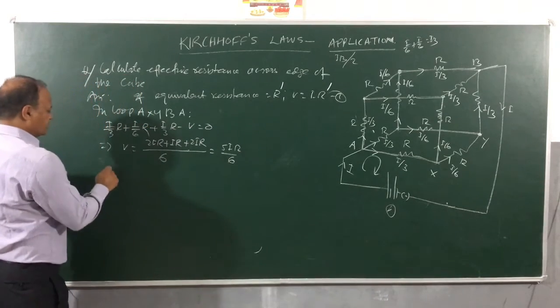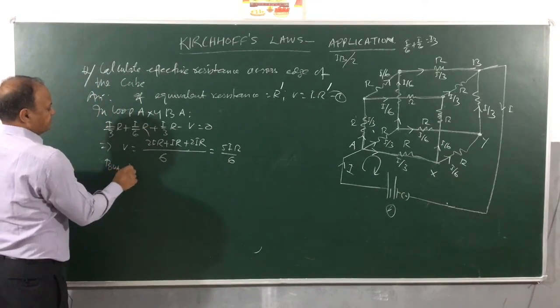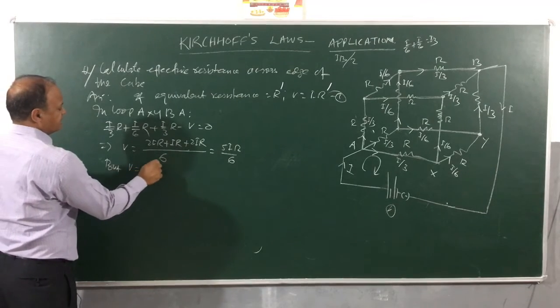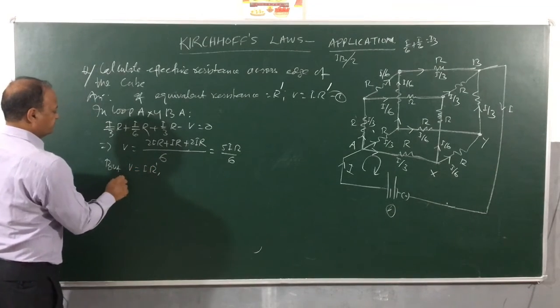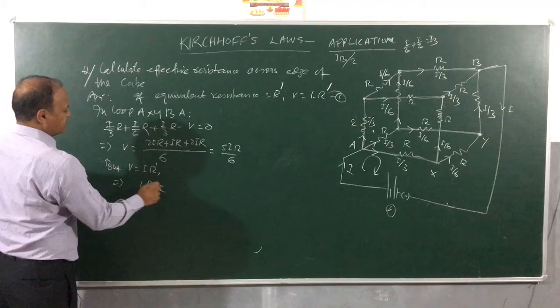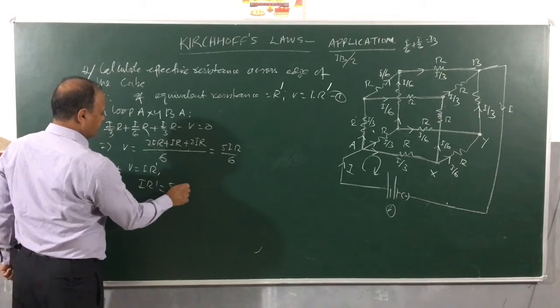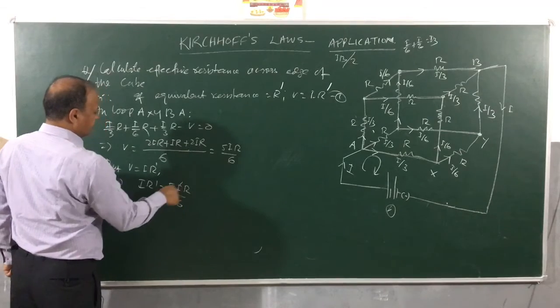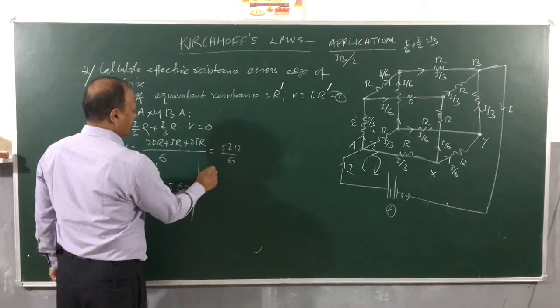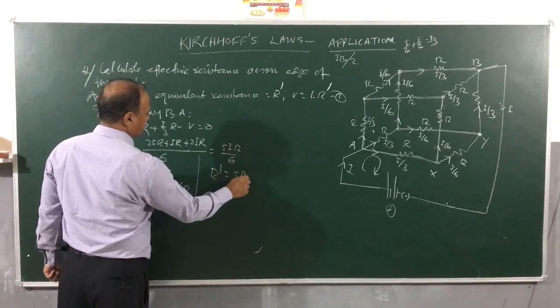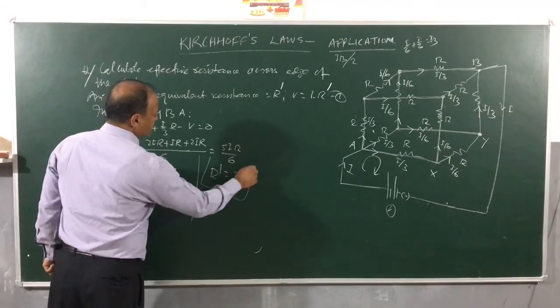IR dash. V is equal to IR dash. Right? Therefore, I into R dash is equal to how much? I into R dash is equal to 5IR by 6. If you cancel out I and I, then R dash is equal to how much? 5R by 6.